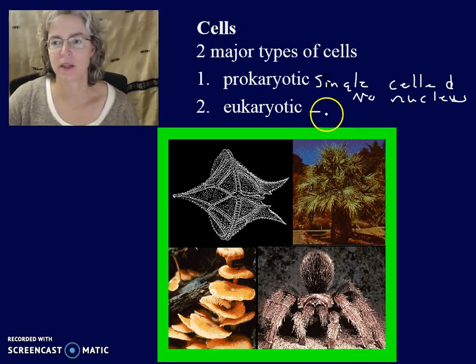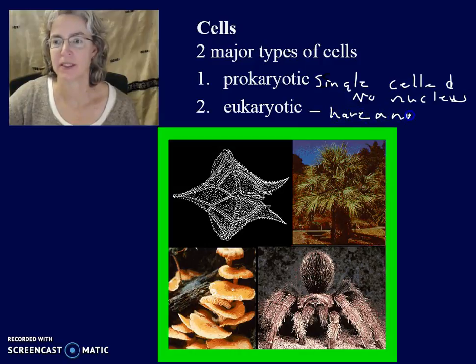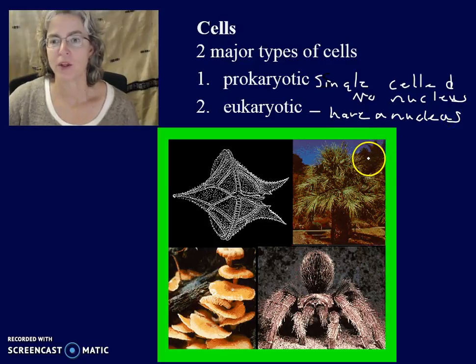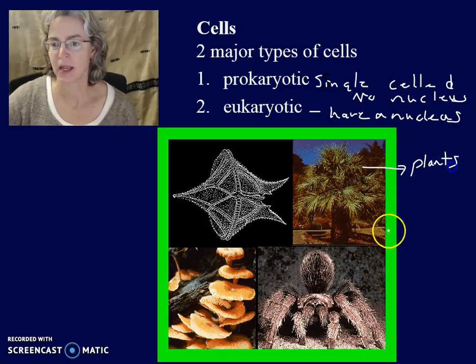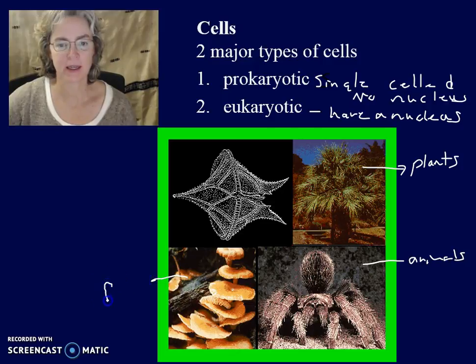Eukaryotic cells have a nucleus. A eukaryote can be four different groups: plants, animals, fungi, and protists.